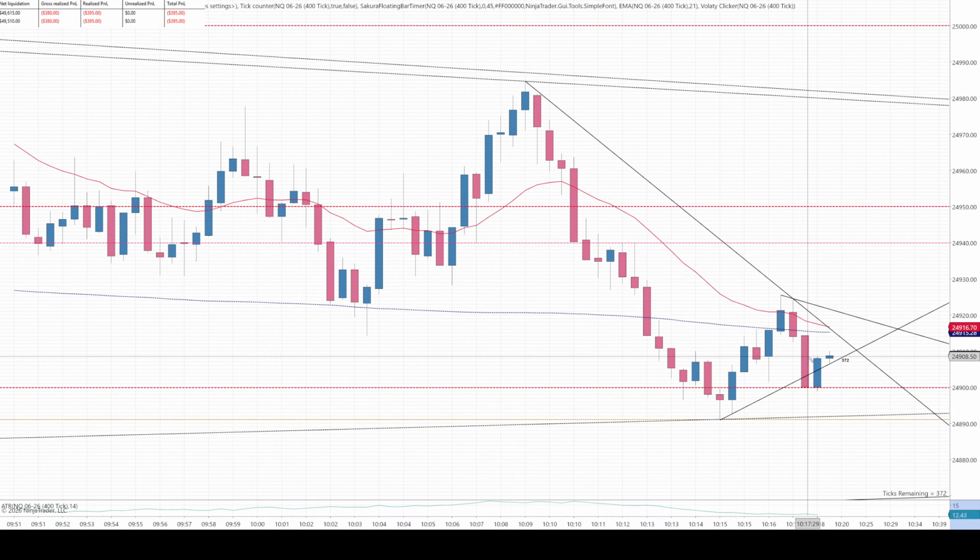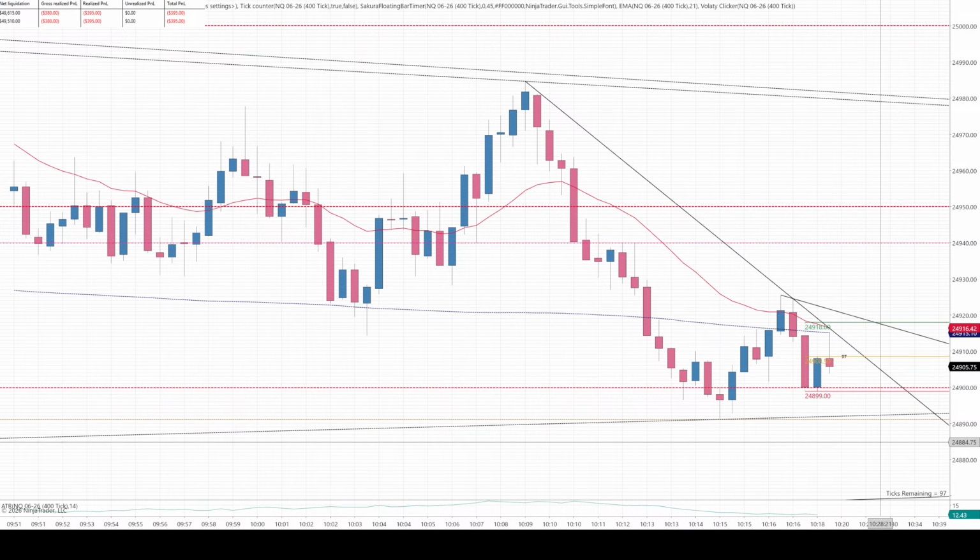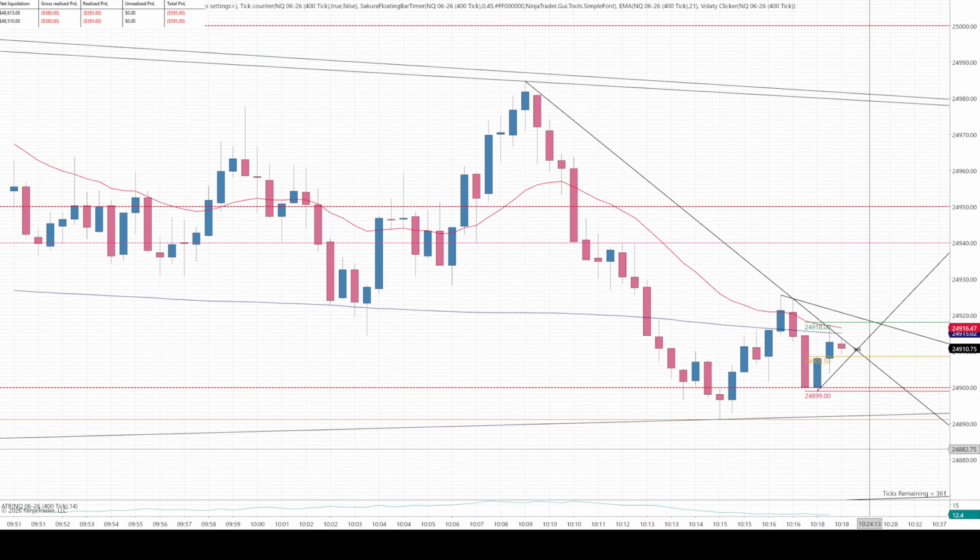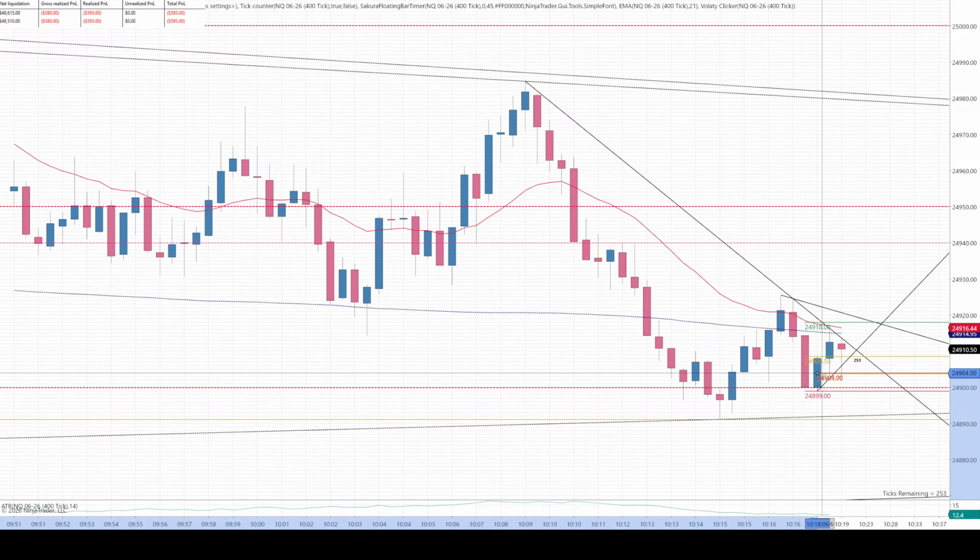This one triggered higher at 900, but there's no room to go up. Technically, we got a bearish trigger here.